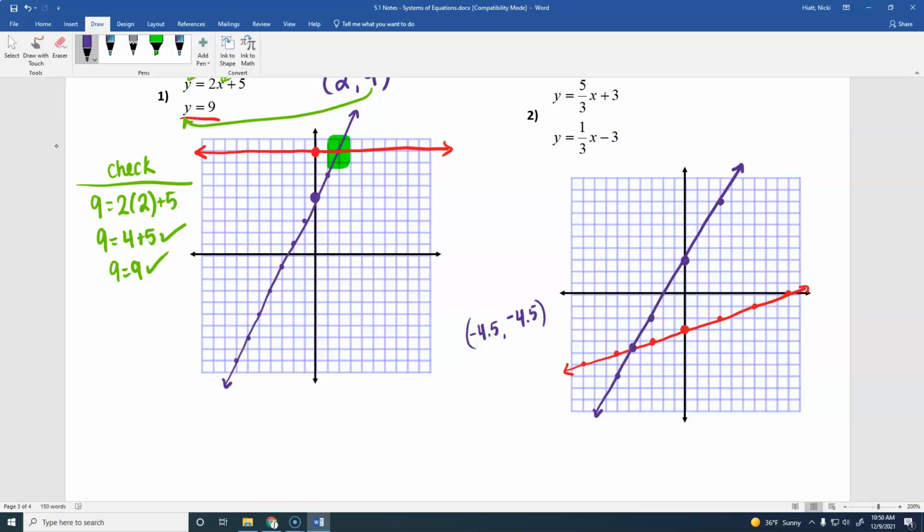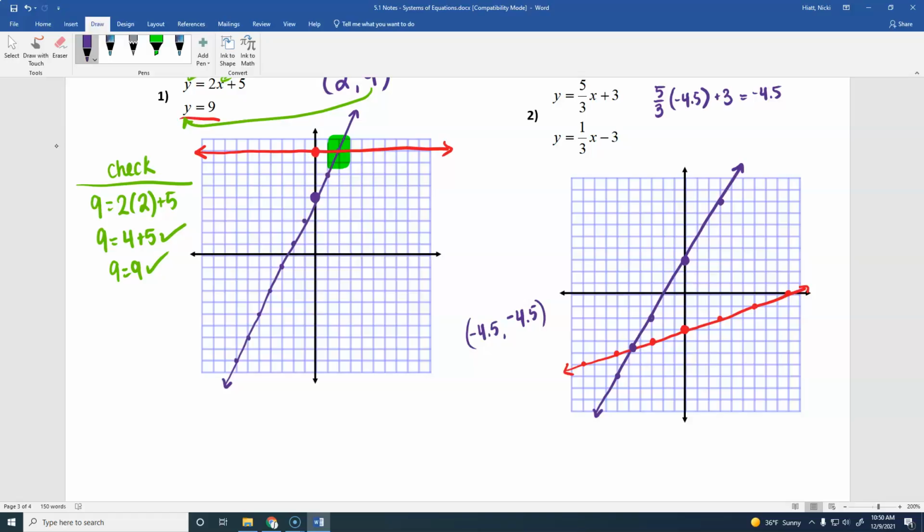You'll have 5/3 times -4.5 plus 3, and we want to see if it equals -4.5. And I'm going to let you use the calculator here.